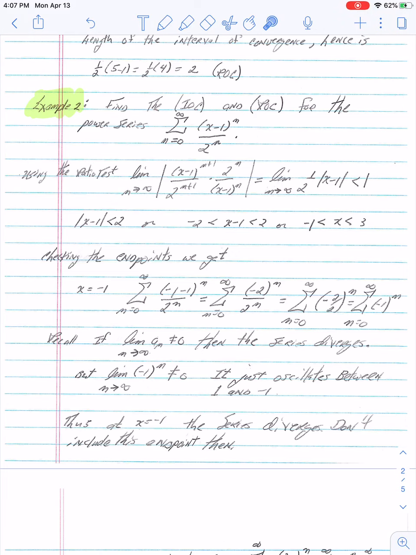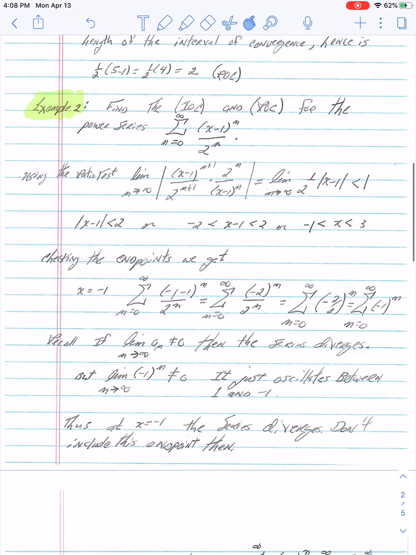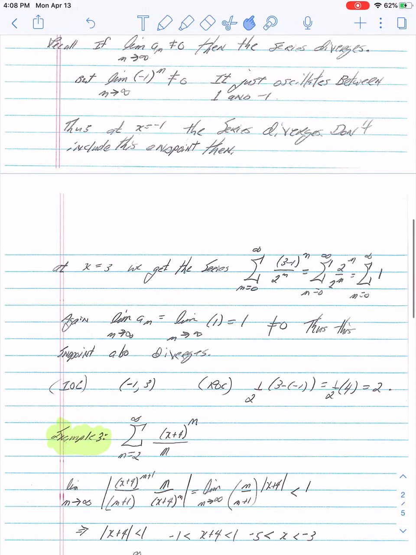All right. Now let's stick in x equals 3. When we have x equals 3, I stick 3 in.